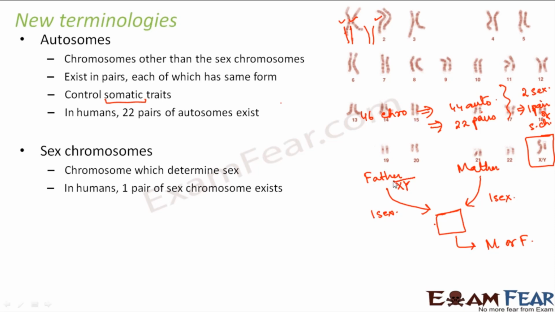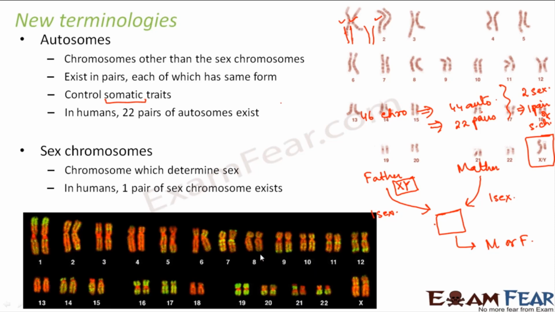Whereas in case of a female, this is how it looks. This will also have 22 pairs of autosomes, and the last one is the sex chromosome. So in a female, it is denoted by XX. So in a male, the sex chromosome is denoted by XY, and in a female, it is denoted by XX.